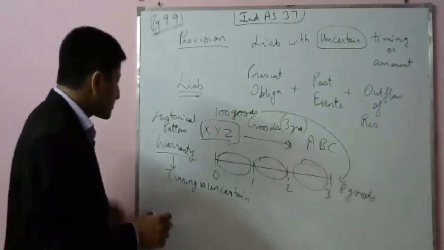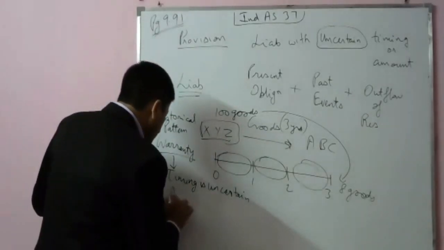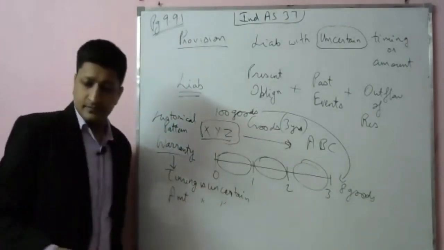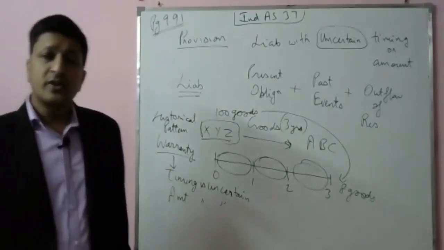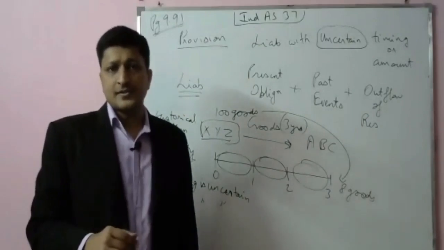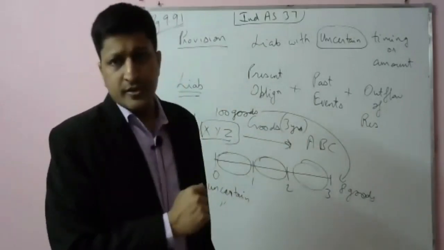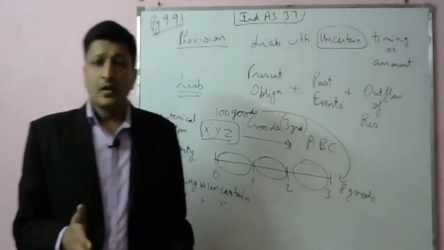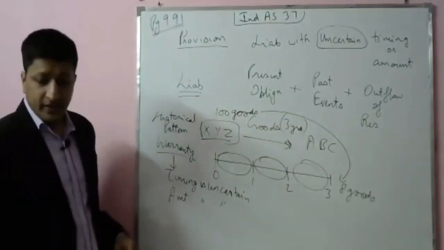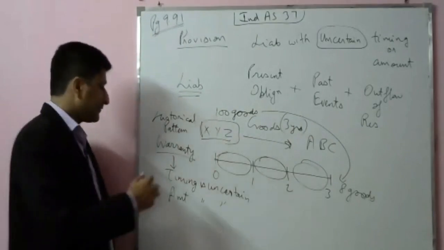So we would see that the amount is also uncertain. Now let's try to differentiate this one with utility bills, with purchase of goods. We see a lot of uncertainty involved in case of warranty. A lot of uncertainty.